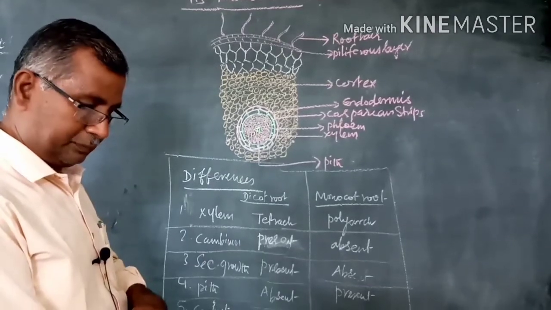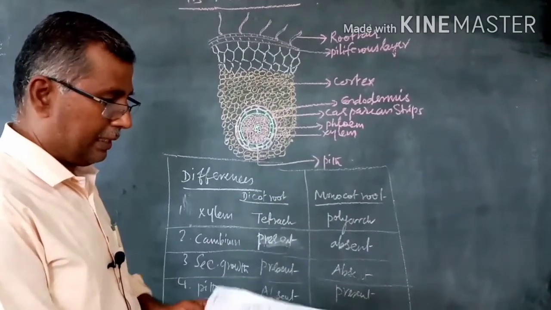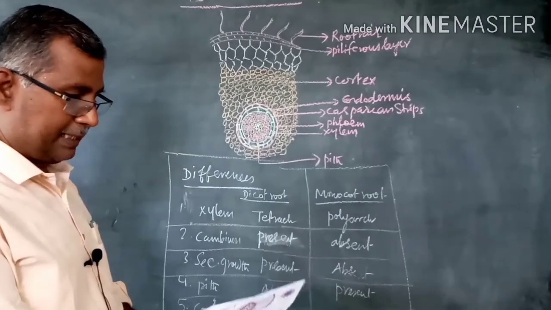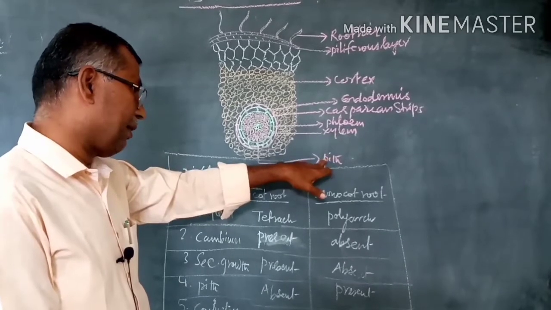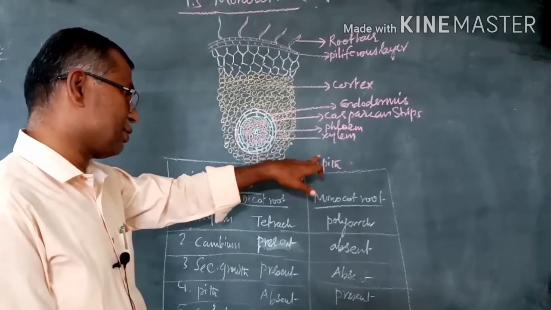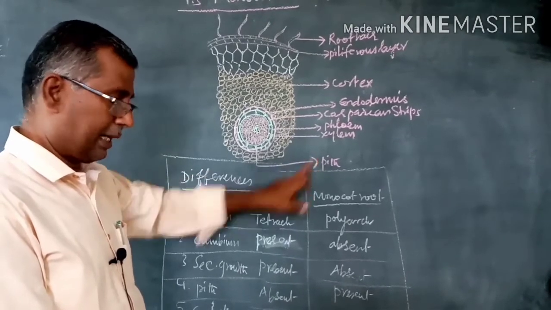Understand? Then pith. Here the pith is present. The pith has intercellular spaces and stores food or starch grains.